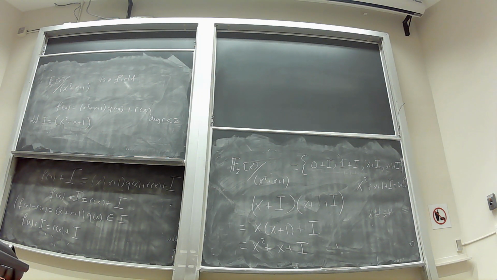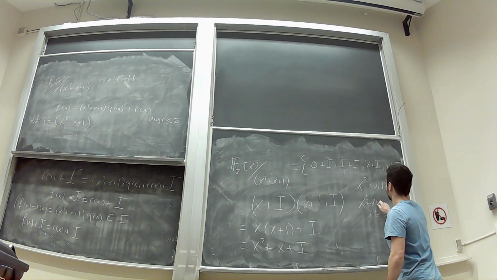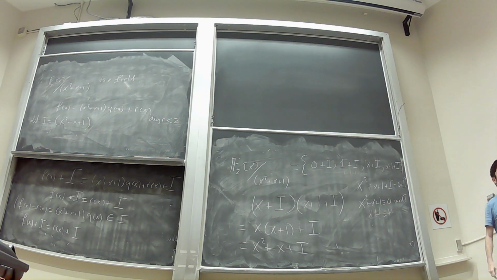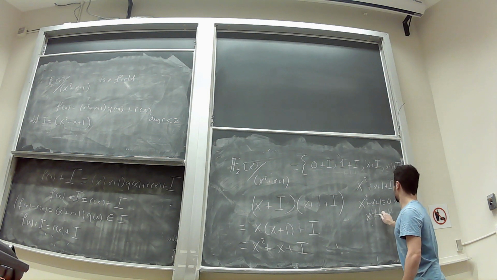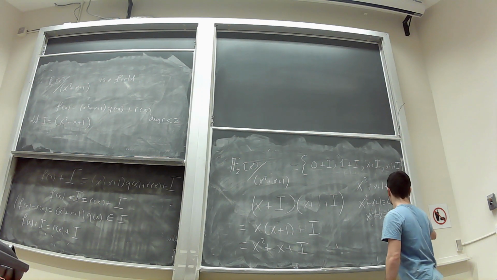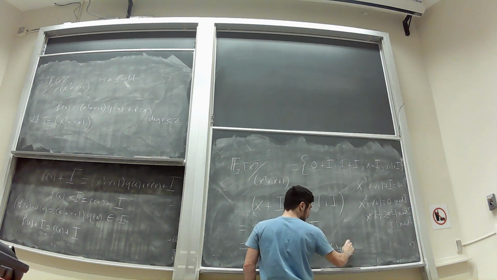It is congruent to 0 mod I. Now x squared plus x is congruent to minus 1 mod I, which is congruent to 1 mod I because you're in Z2. Ta-da! This is 1 plus I.